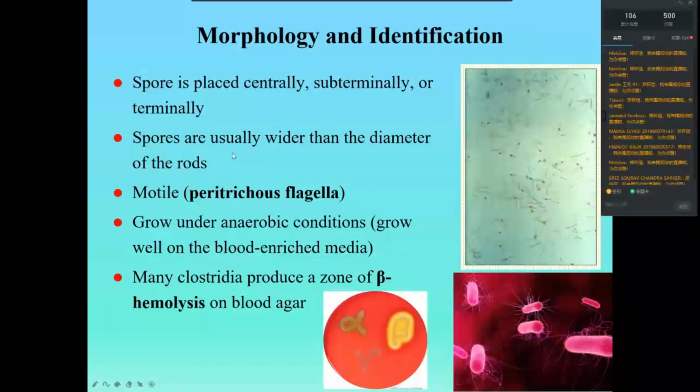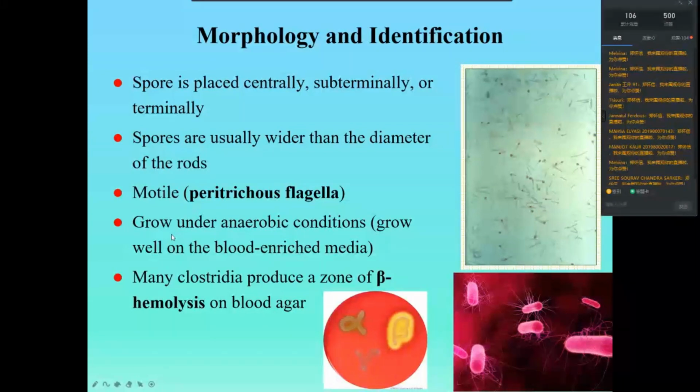Those spores are usually wider than the diameter of the rod, and that's one common feature. When the spore is formed at the end, the spore is always wider than the bacterial body itself.